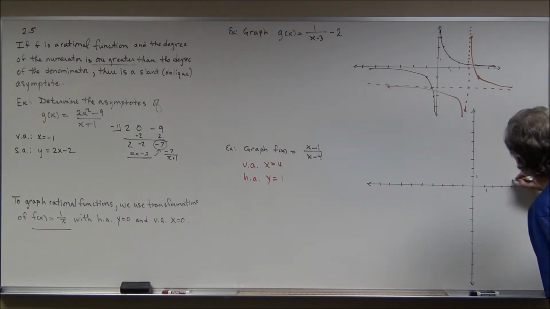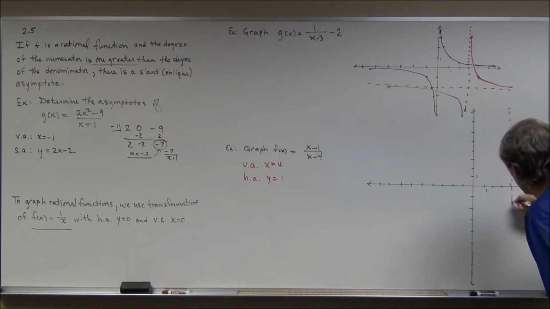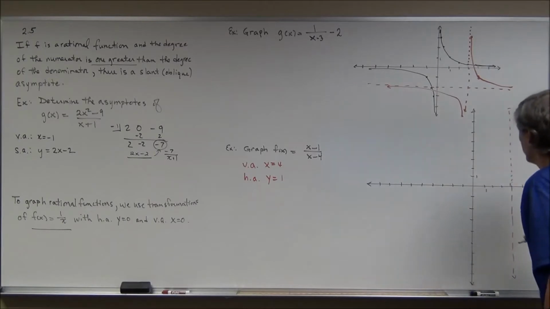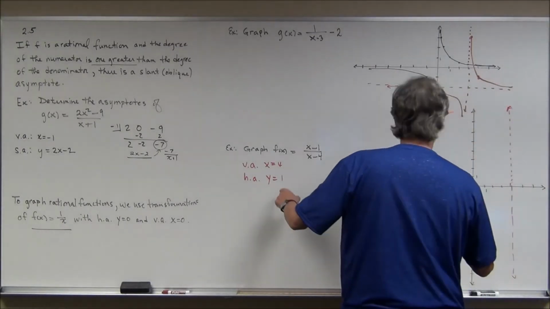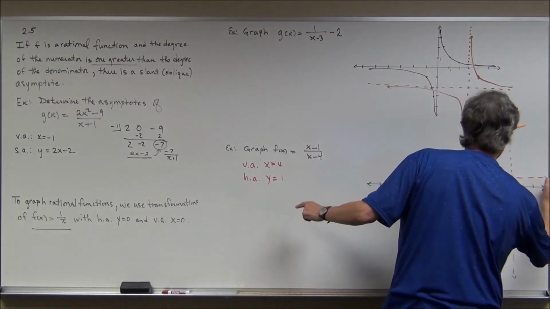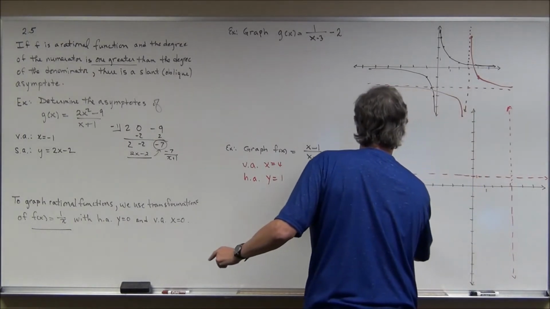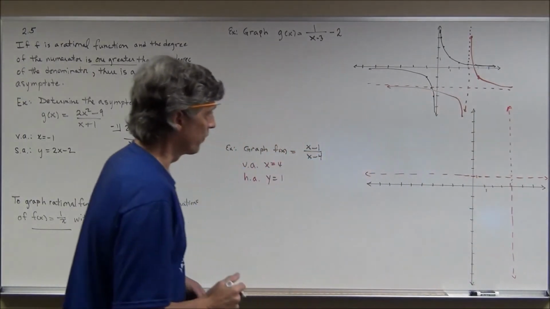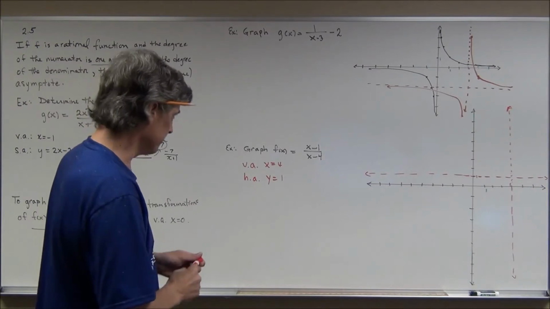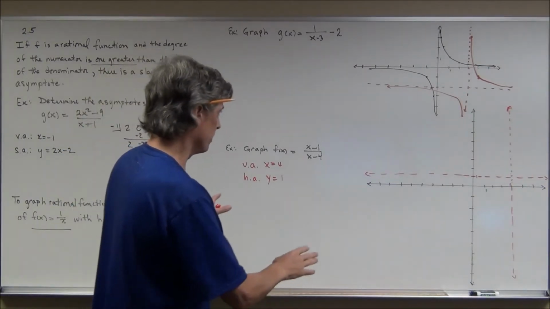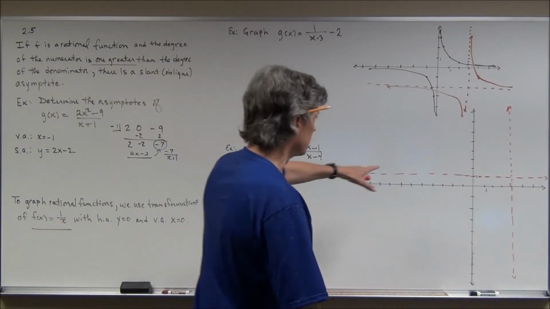Doggone it. Well, we'll see what we can do here. Draw in my horizontal and vertical asymptotes there, and I have those done in red.